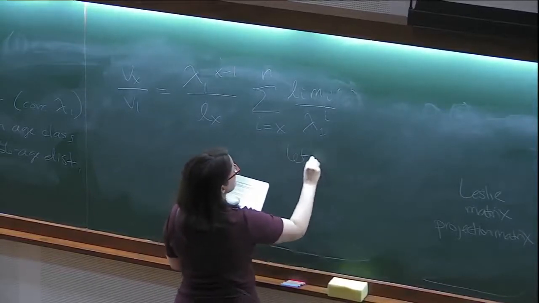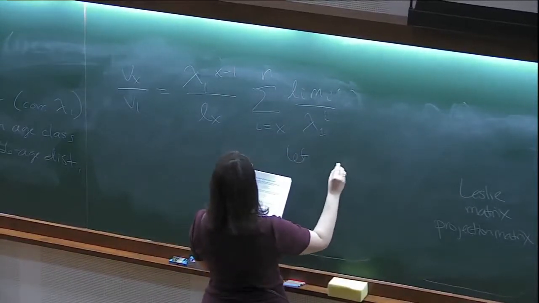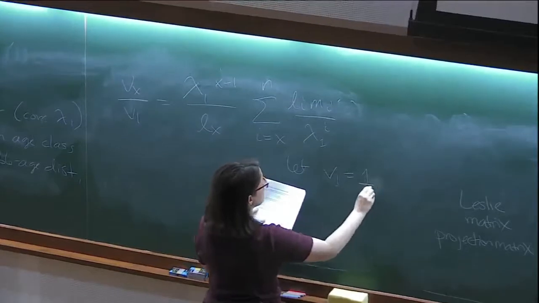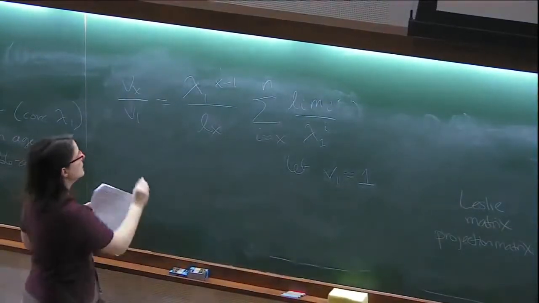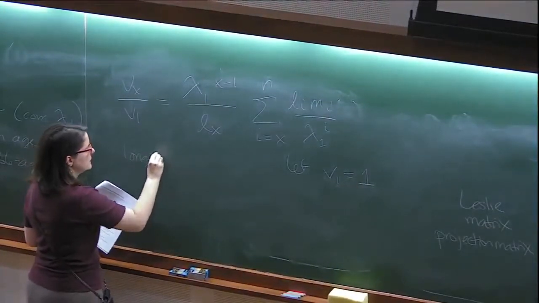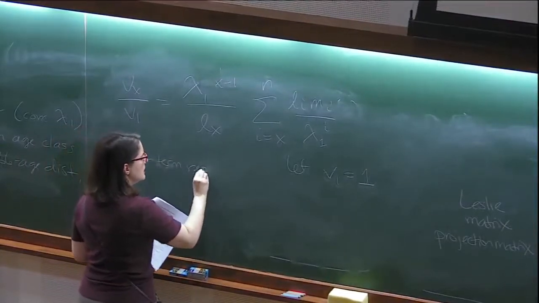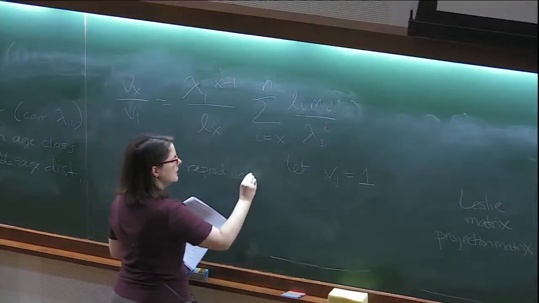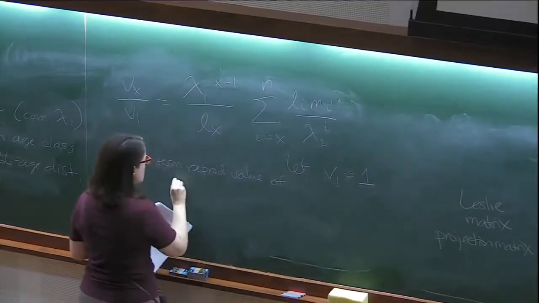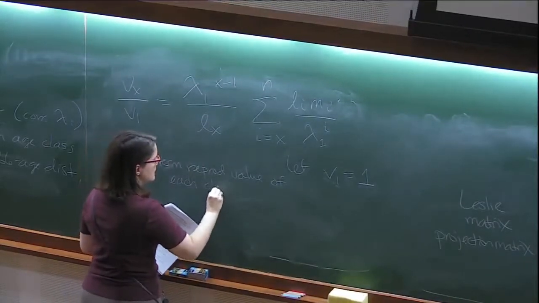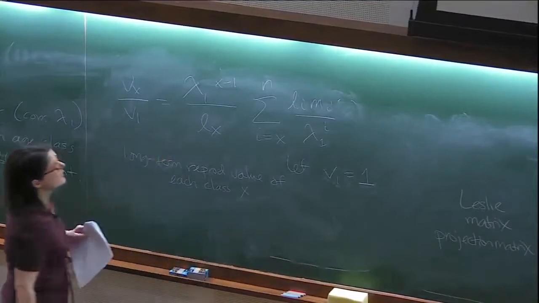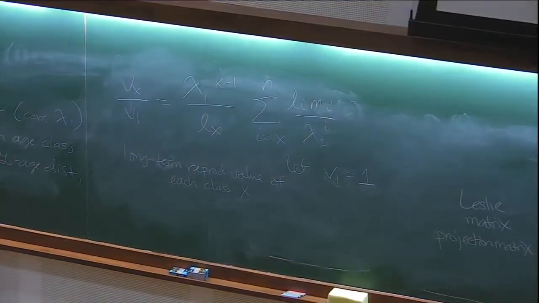And we're going to let this be the long-term reproductive value of each age class X. So it tells you in the long term what the contribution of each age class is to the growth or not growth of the population.